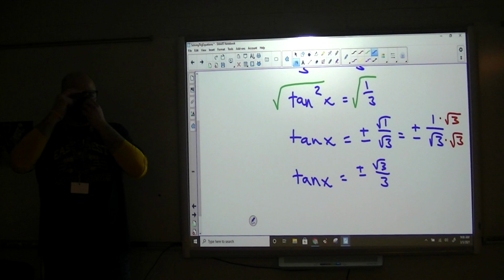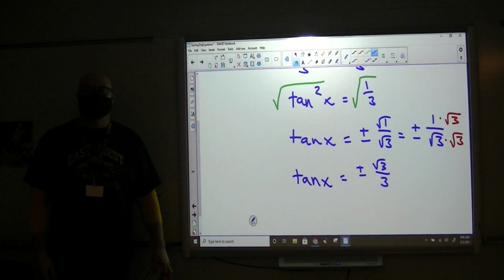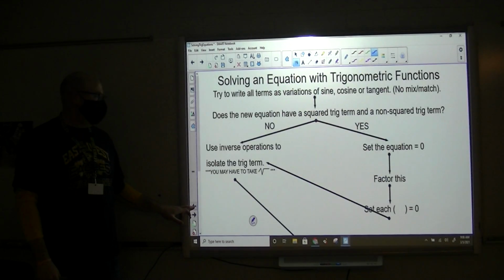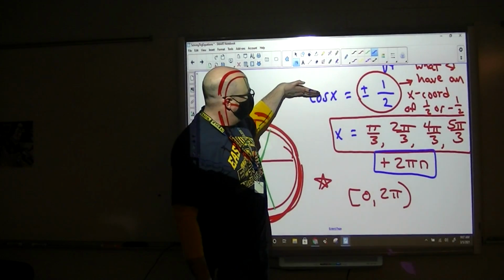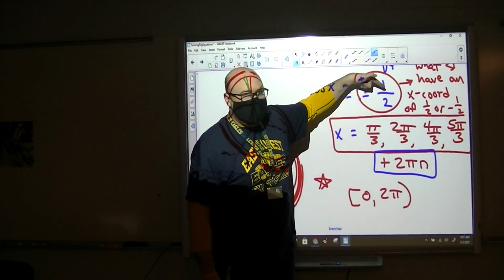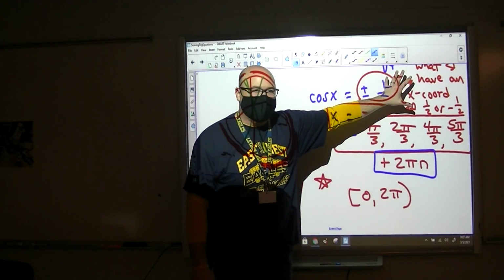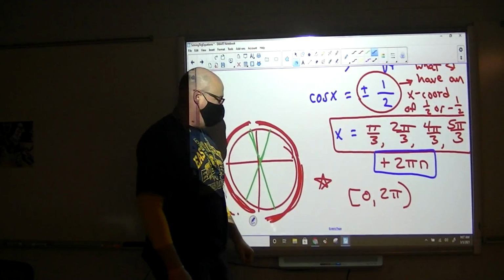Okay, let's compare where we're at now to where we were at in the previous problem, in the opener. In the previous problem, we got to here, and we said, okay, this is an x coordinate because we're taking the cosine of some angle and getting that number. Because we're doing a problem with cosine, this is an x coordinate.